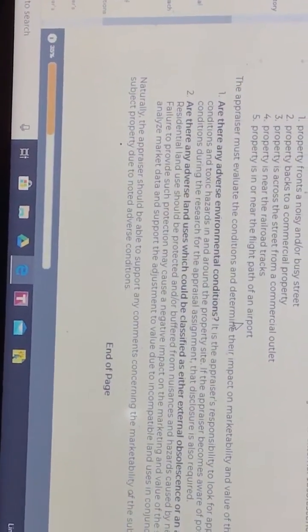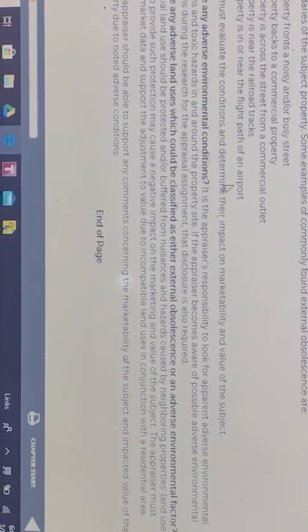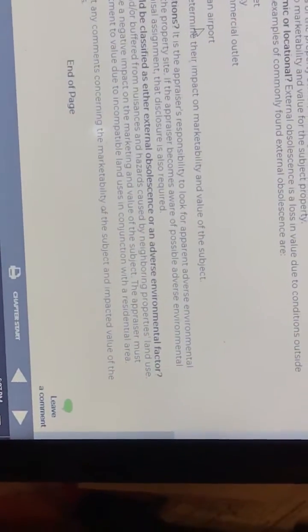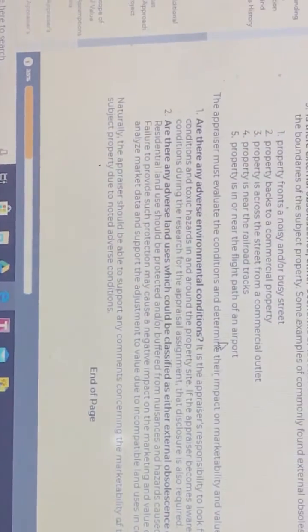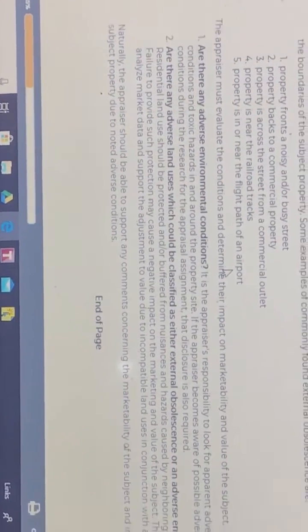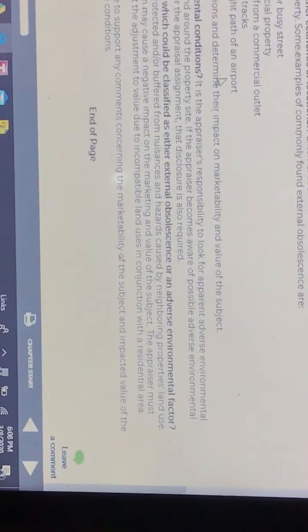Residential land use should be protected and/or buffered from nuisances and hazards caused by neighboring properties' land use. Failure to provide such protection may cause a negative impact on the marketing and value of the subject.